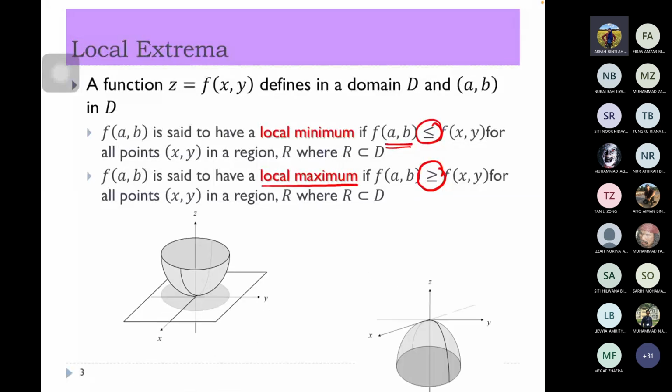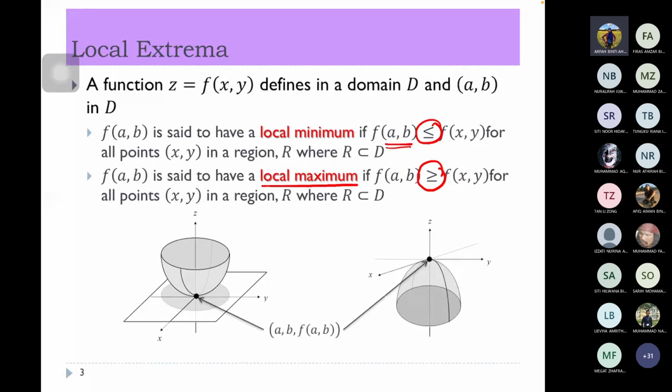Okay, so let's take a look at this graph. We get the lowest point here, which is at point (a, b). At point (a, b), you get the function f(a, b). So this one will be the minimum point and this one will be the maximum point.